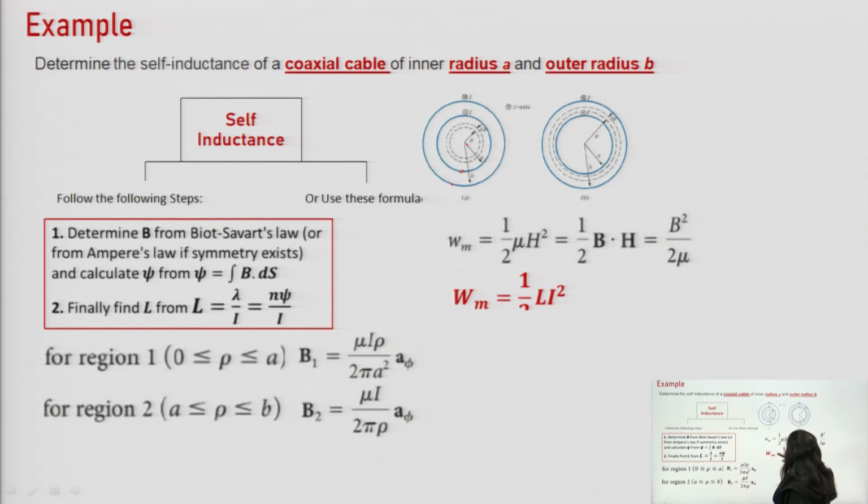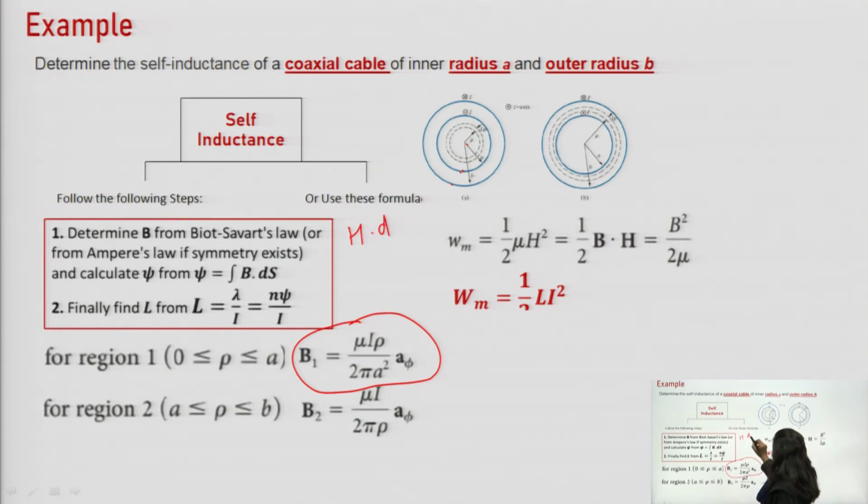In order to find B for both regions, we need to make an Amperian path. In the first case we made the Amperian path between the origin and a, inside the inner conductor, and in that case the value of B is this much. I am not applying Ampere's law here, but you can apply it. Applying Ampere's law is very simple.